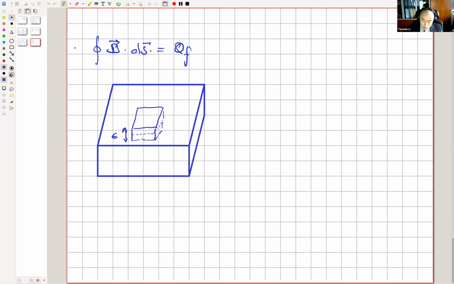And now, because I need to do the integral over the entire surface, all the side surfaces here, here, and this side will go to 0 because epsilon goes to 0, and the only remaining contribution is the flat surface on top and the flat surface at the bottom. If I give this area A, then I simply have two contributions: some area A at the top and some area A at the bottom.